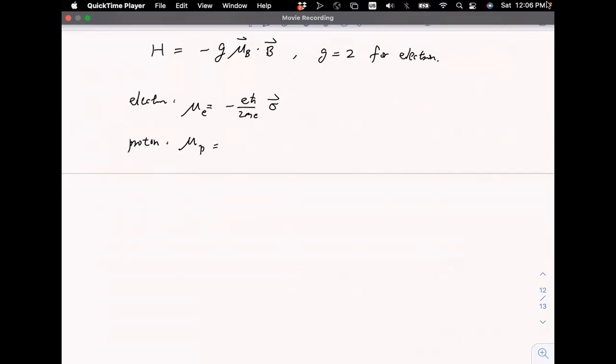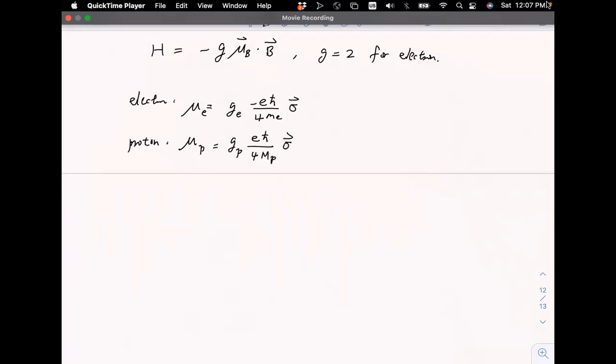I want to include the G factor. It will be the G factor of the electron. I just write the result then. Here it will be the G factor of proton and e h bar, because it's positive. So it's proton.